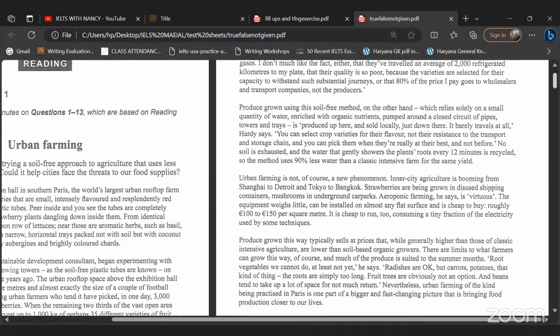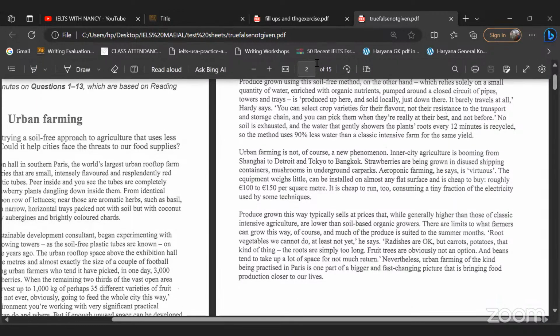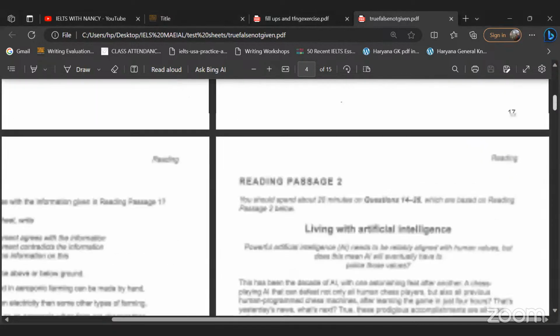Aeroponic farming, intensive farming by hand. In the subsequent lines, I cannot see anything about equipment, aeroponic farming. Can you see anything about equipment, aeroponic farming? No? So it has to be not given. Are you getting?